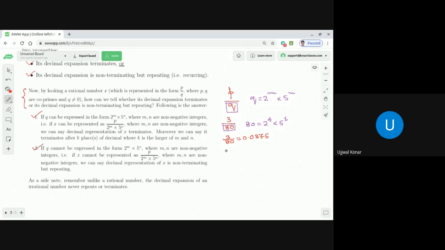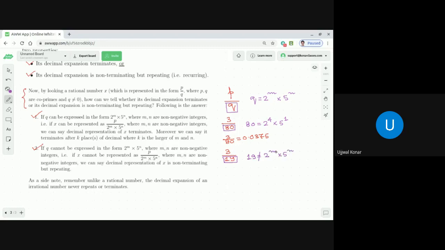So now take a number called 3 by 19. Now, dear students, 19 you cannot express in terms of 2 to the power m into 5 to the power n, isn't it? You will not find any values m and n so that you can express 19 as 2 to the power m into 5 to the power n.